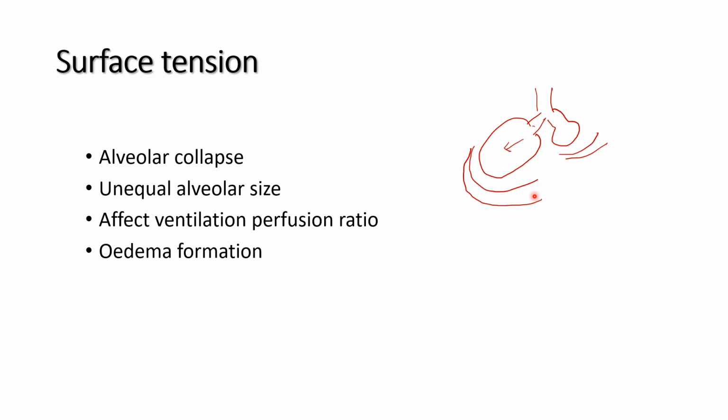All of these are prevented by surfactant. Surfactant naturally covers the inner alveolar wall, decreases alveolar collapse, stabilizes the alveoli, keeps the ventilation-perfusion ratio normal, and prevents pulmonary edema formation.